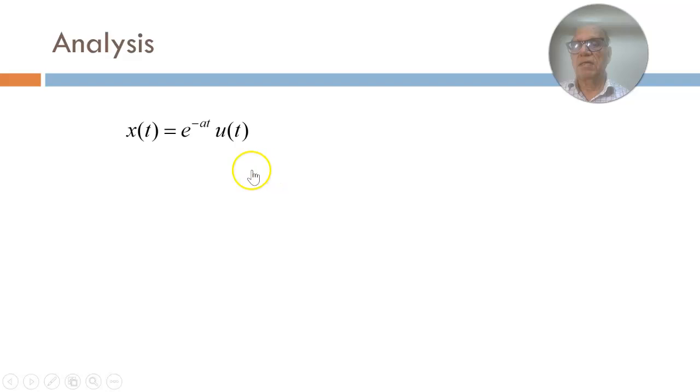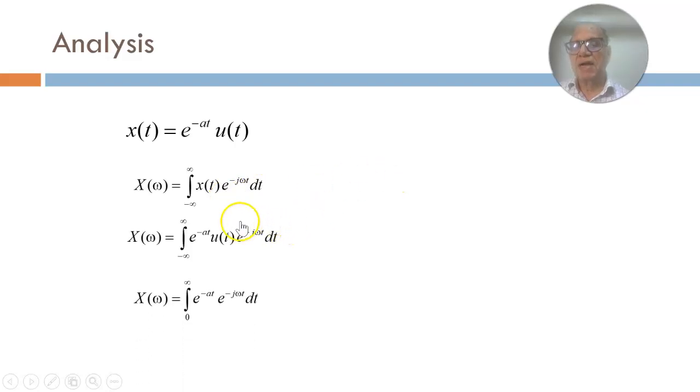All right. So we substitute x(t) equal to e raised to minus at u(t). So X(omega) is the integral from minus infinity to plus infinity of x(t) e raised to minus j omega t dt. This is the definition of the Fourier transform. And we substitute for x(t). So this is e raised to minus at u(t).